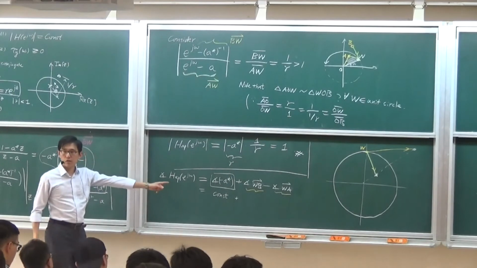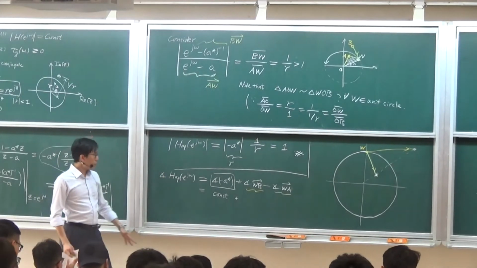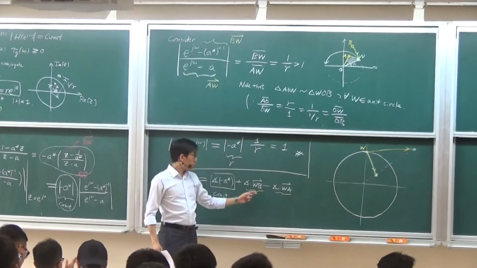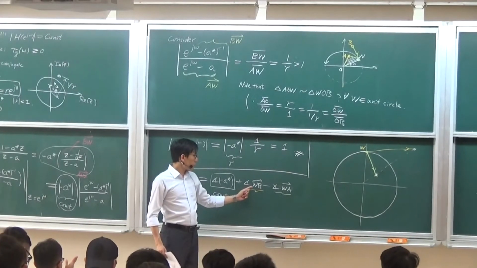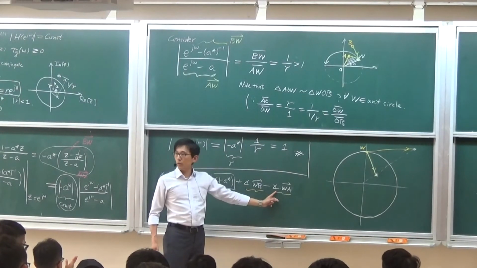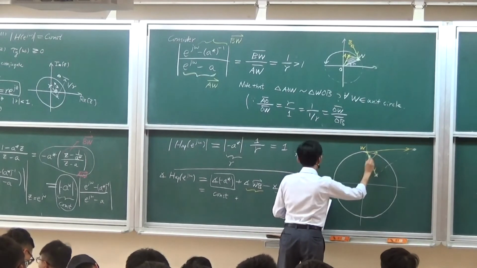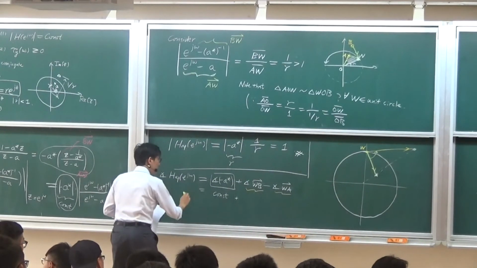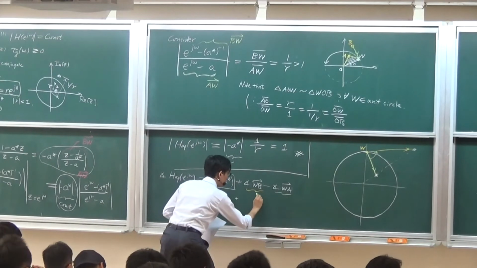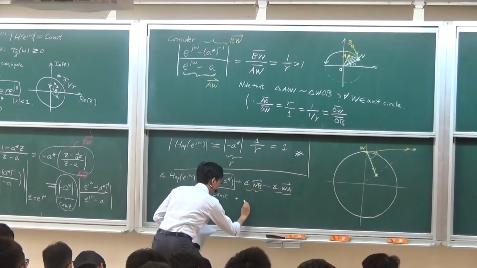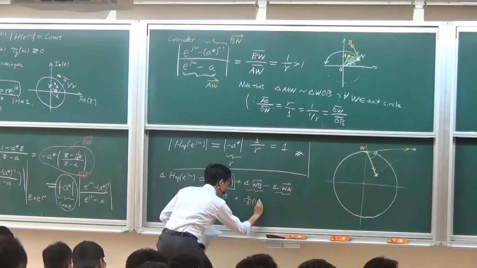Okay, let's picture this way of drawing. The phase, the angle, the phase of WB minus the phase of WA is exactly this angle. And this angle, let's call it phi of omega.